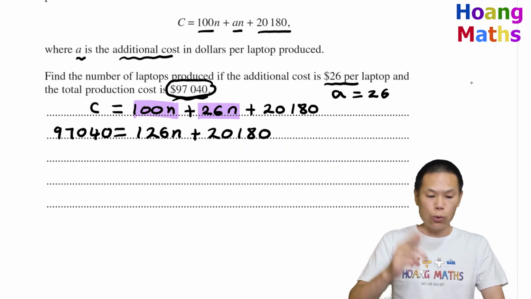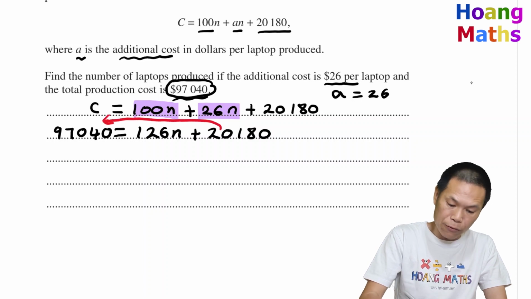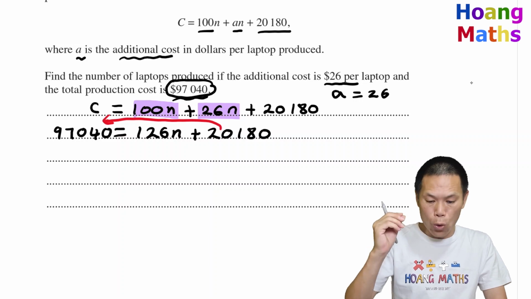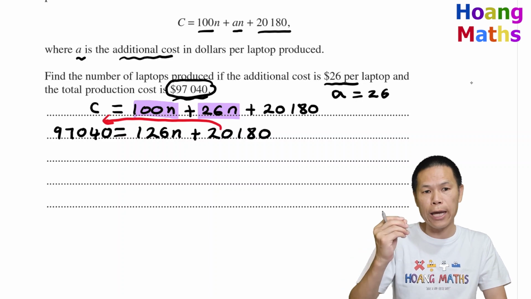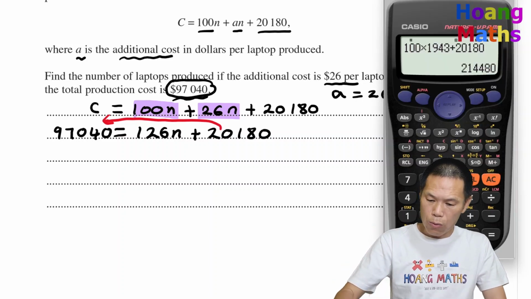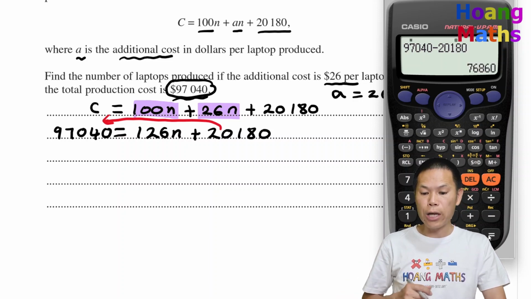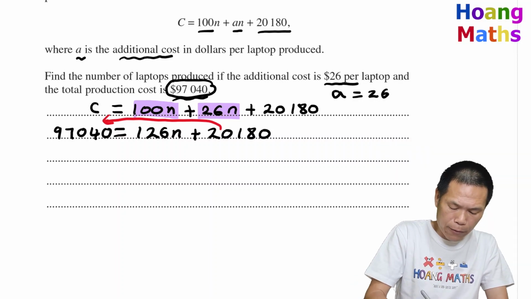97,040. So what I do, I just solve the equation by moving this value to the left, so that becomes minus. So 97,040 minus 20,180. So let me just put it on a calculator. So there you go, 76,860.